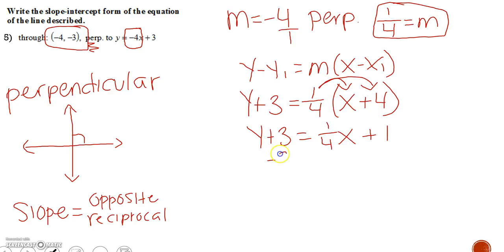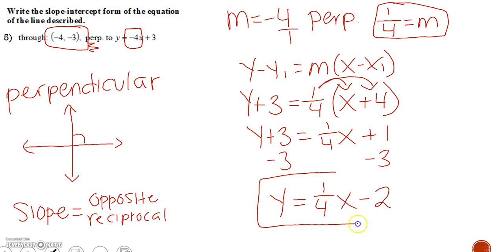And then we're going to get y by itself, so we're going to subtract 3 from both sides. So we have y equals 1/4 x, and 1, positive 1, minus 3 is a -2. So that is the slope-intercept form of the line, y equals 1/4 x minus 2.